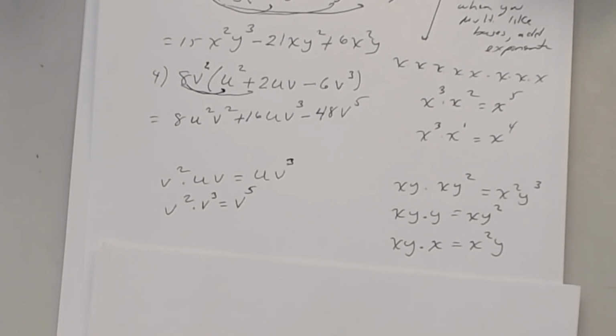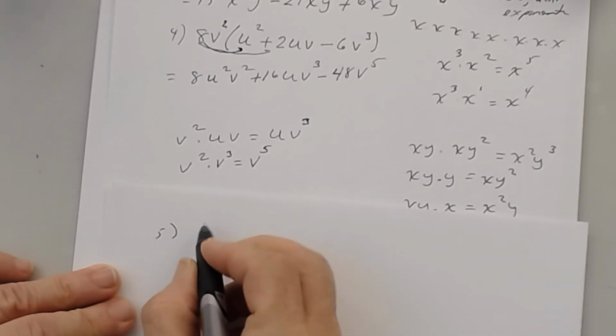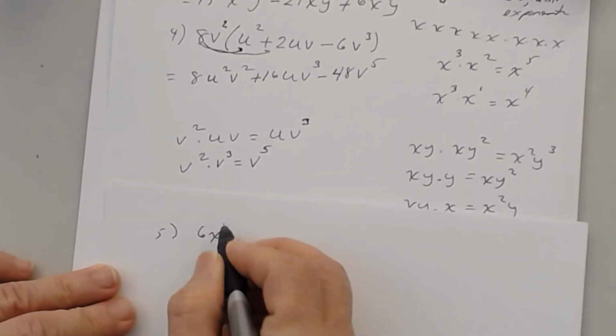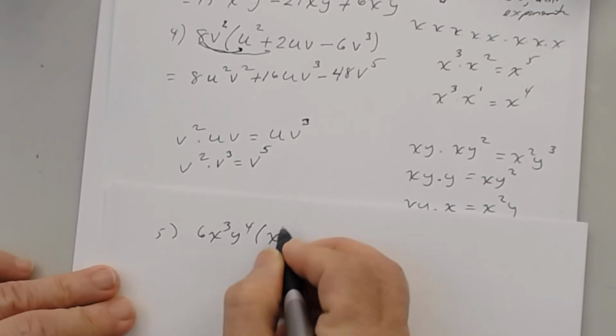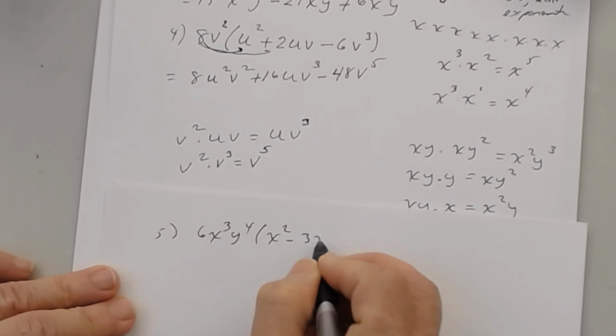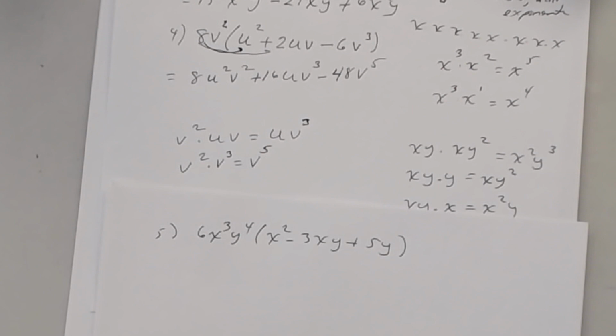Suppose number 5, I have this. 6x cubed y to the 4th times x squared minus 3xy plus 5y. So again, to multiply this, what property are you going to use?